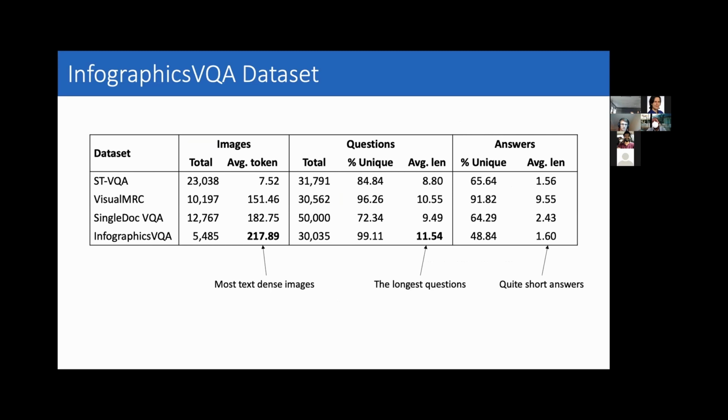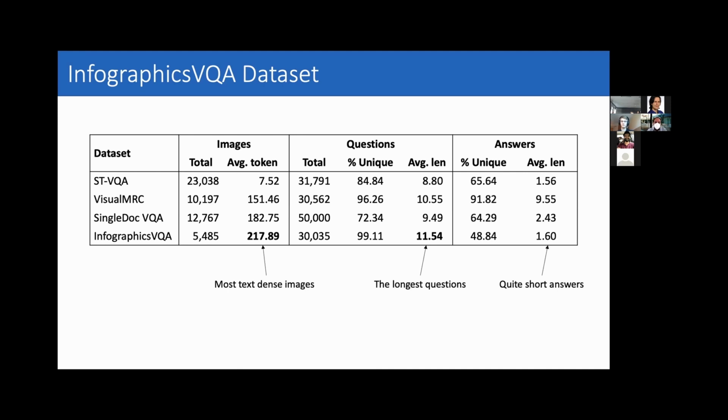So for this task, we collected a new dataset called Infographic visual question answering, composed of 30,000 questions posed on 5,500 images. Some interesting data is that among other document datasets, our images are the ones that have the most text in each image, which means we have a lot of information to deal with. In addition, the questions are the longest ones.